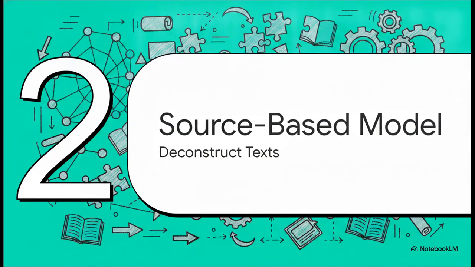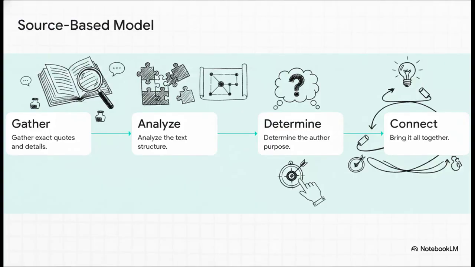Section 2. The source-based model and how to deconstruct texts. Knowing we need evidence is one thing, but how do we organize it? Enter the source-based model. You can think of these 4 steps as the core building blocks for any solid evidence-based response you're ever going to write. Step 1 is to gather evidence, finding those exact quotes and details. Step 2 is to analyze the structure.